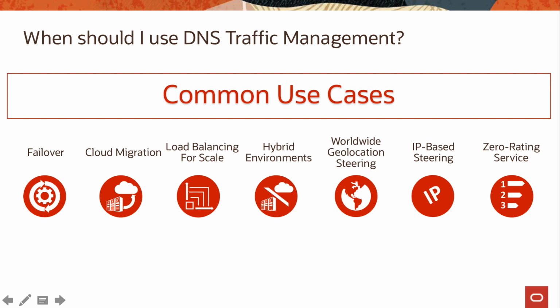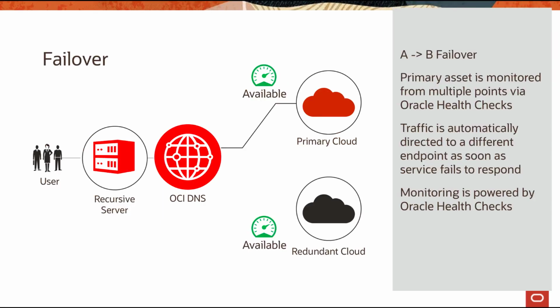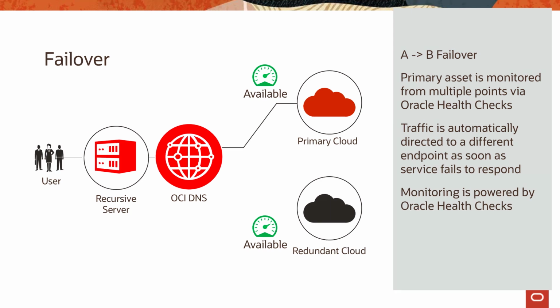So let's take a look at some of the common use cases which we see within the traffic management. The first one is a failover, where you have a DR site in a different region, and you are directing all of your client traffic to a particular region, which is your primary site.